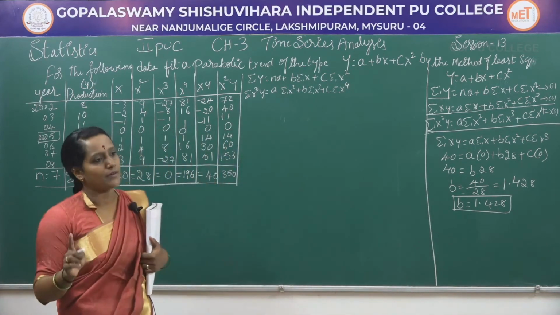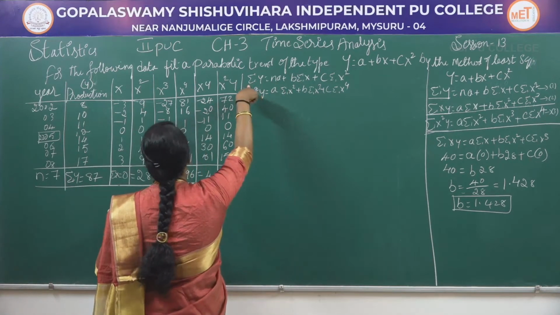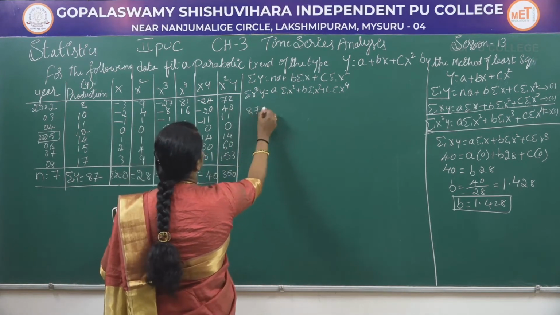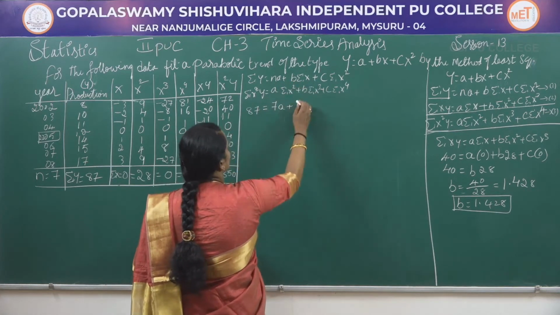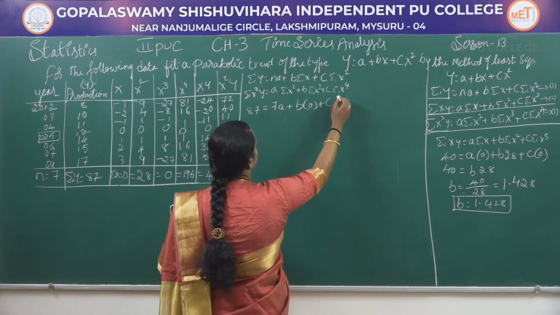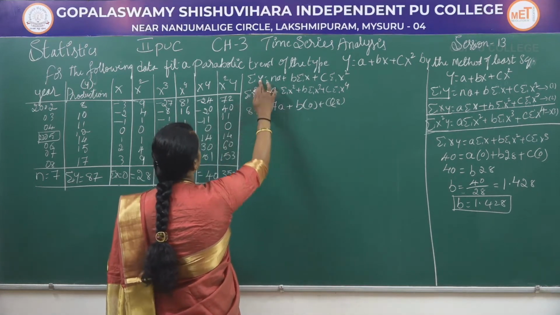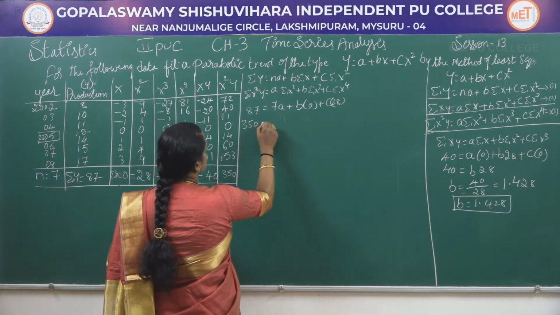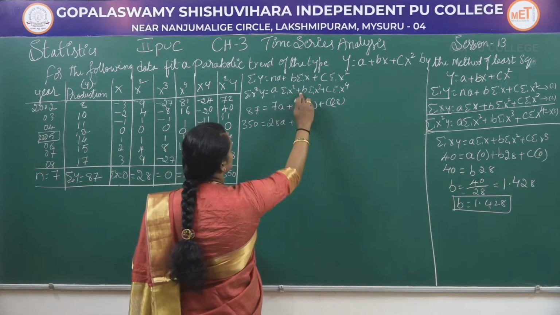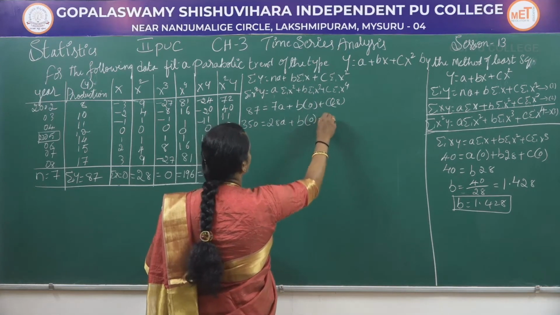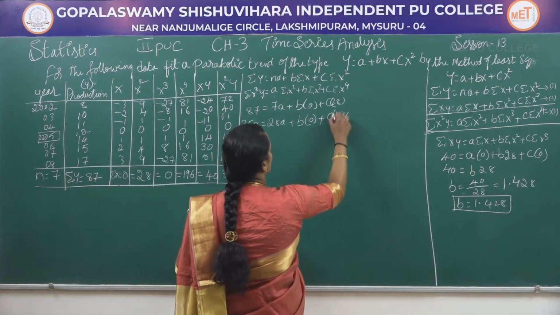Substituting the values from the table: summation y is 87, n is 7, so 87 equals 7a plus b into 0 plus c into 28, and summation x square y is 350, so 350 equals 28a plus b into 0 plus c into 196.